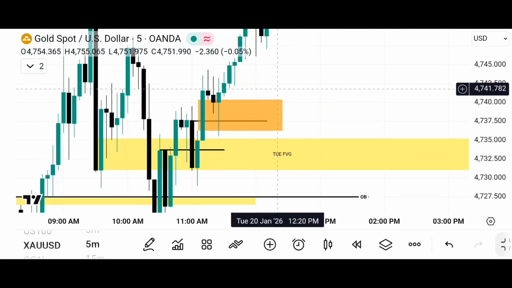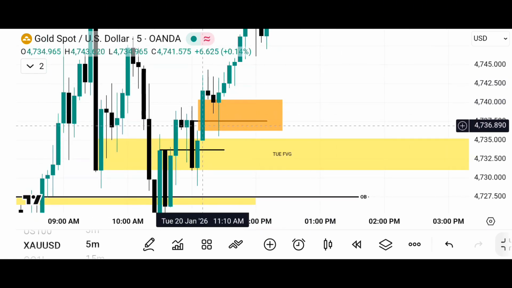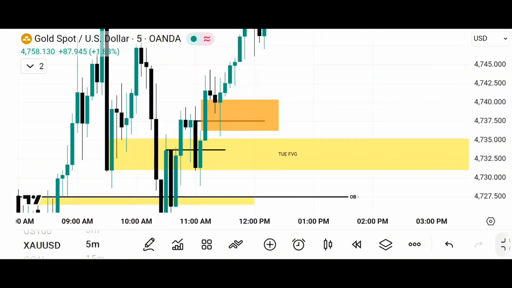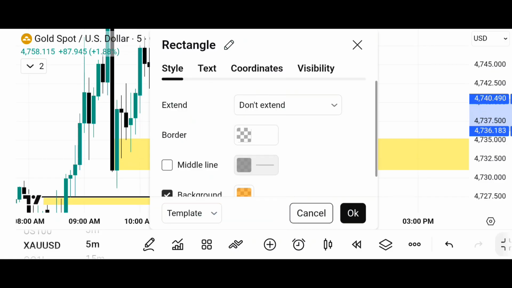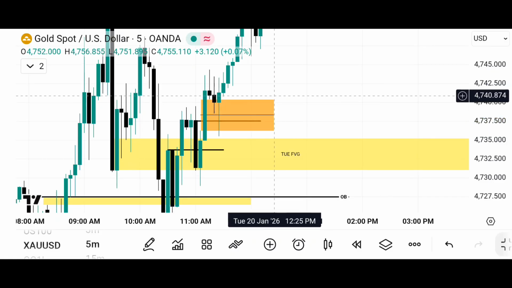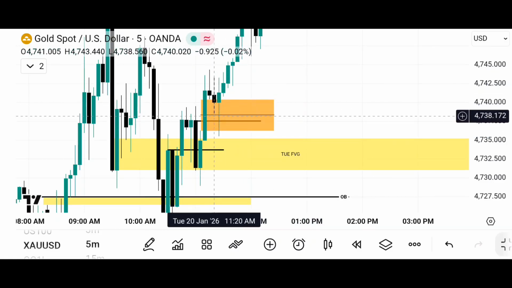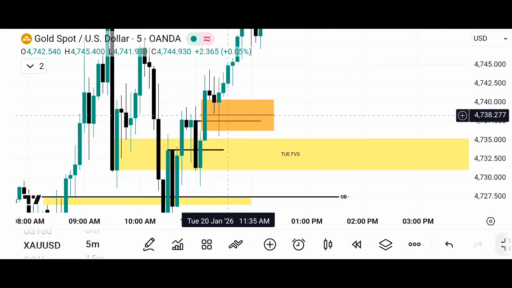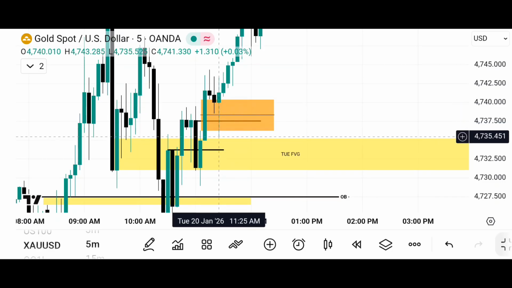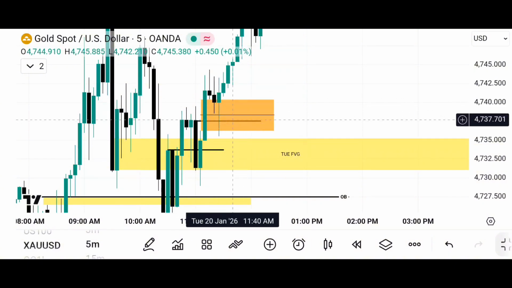And you see how price traded into this order block, at the same time trading into the fair value gap. Let me bring out the midpoint of this fair value gap. You can see how price respects the midpoint of the fair value gap. The bodies of the candles are above the midpoint. Only the wick was able to go through the fair value gap, but the bodies of the candles respecting the midpoint shows that price is really bullish.